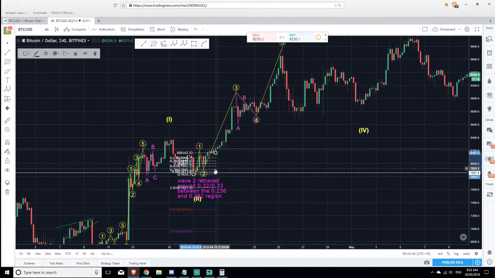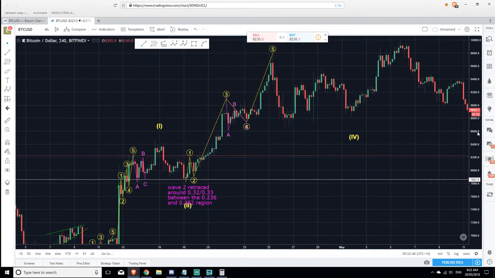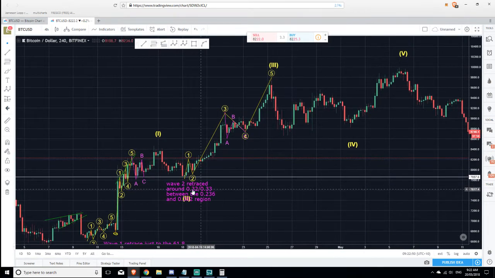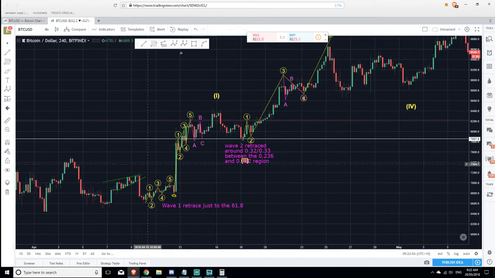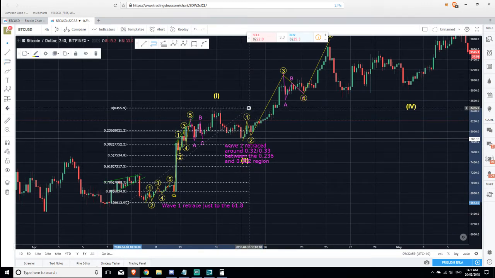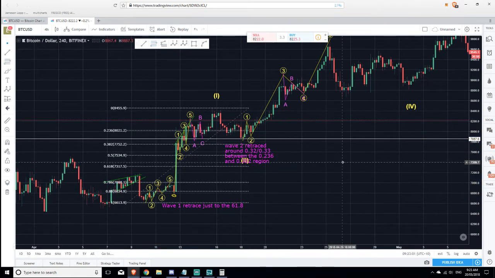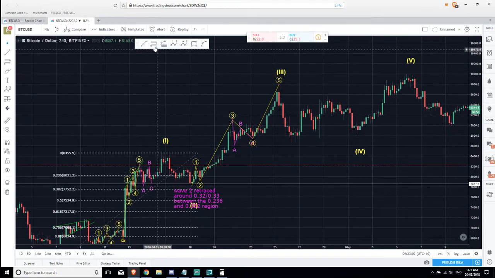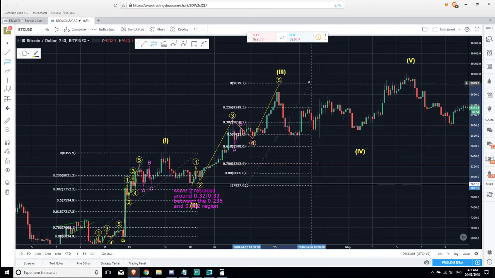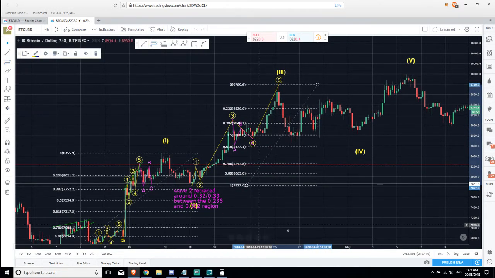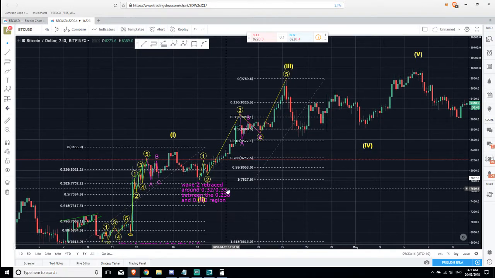And then at the end of all this, we have an entire 5-wave retrace of the entire structure. So something like this. Now remember, the retracement of this movement up was around the 0.3233, so around the 236, 382 region. Now using my formula, 1 minus the x being the retracement of wave 1, it gives us around a 0.618, about a 0.6867 target of wave 1, of the next wave.